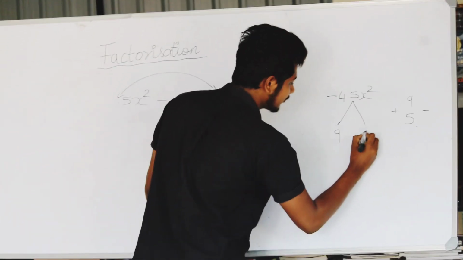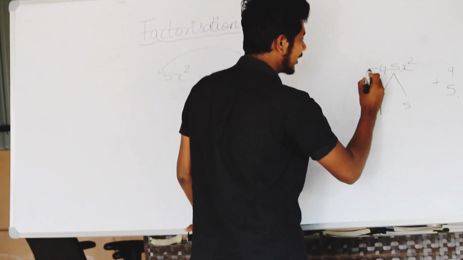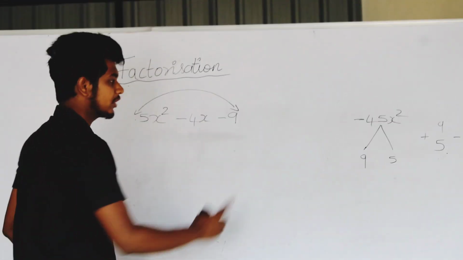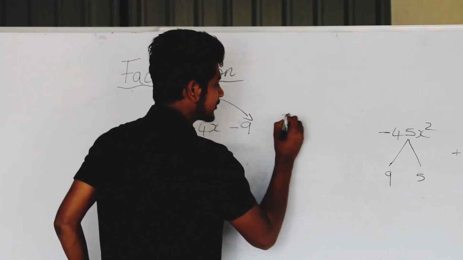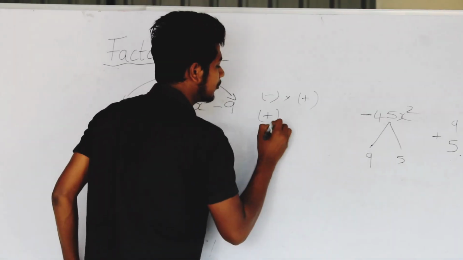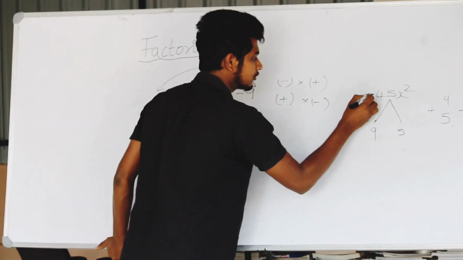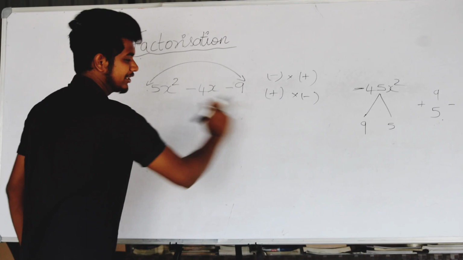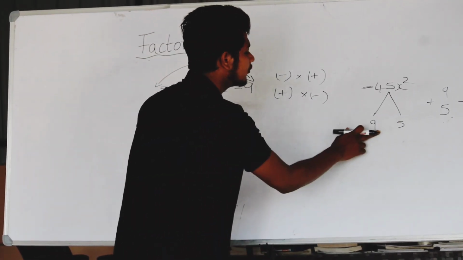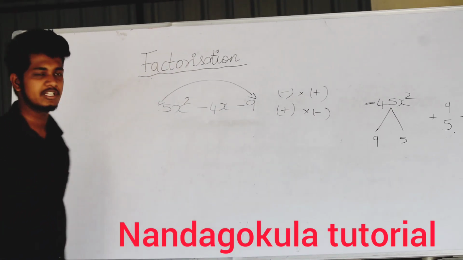9 5s is 45. And minus you have it. You should get minus here. So if you want to get minus here, you have only two options: minus into plus, or plus into minus. So when you should get minus, you can take only these two options. Out of this, for which number you are going to give which sign, that is very important.